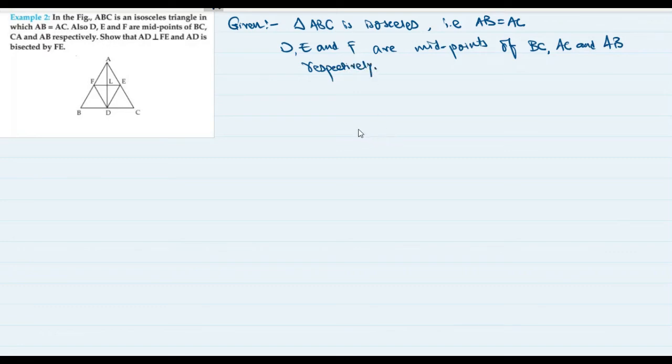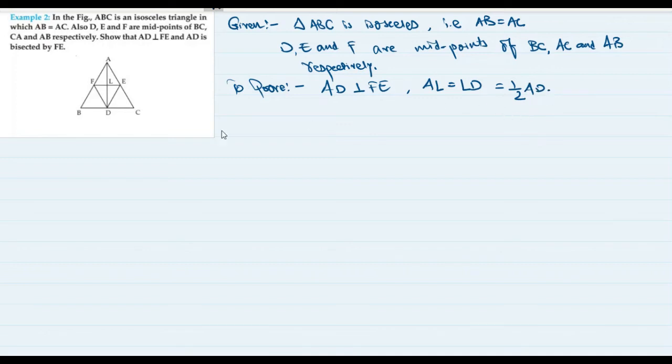Okay, to prove: AD is perpendicular to FE and AD is bisected by FE. AD is bisected by FE means AL is equal to LD is equal to half of AD.